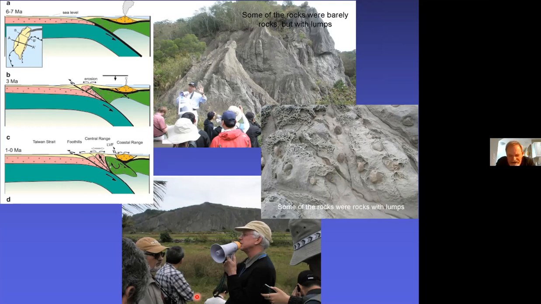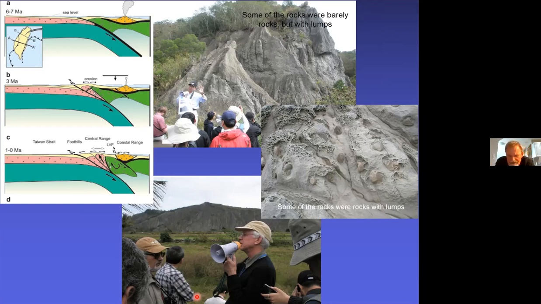The person there with the microphone giving a lecture is John Suppe, and the person opposite him is Dennis Brown, who were leading this IGCP field trip in Taiwan. In the far distance, we're looking at the Lichi Melange, which is at the suture between the Luzon Arc and the subducted Chinese margin, which is to our left.